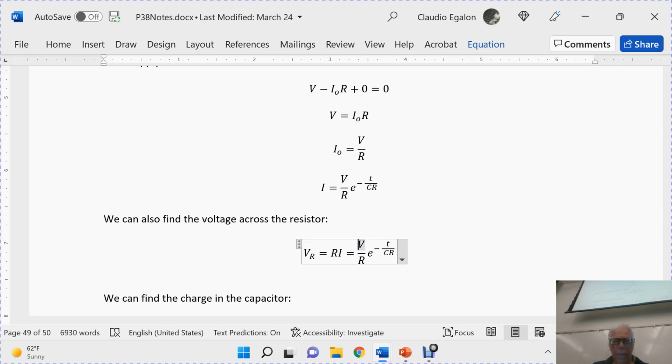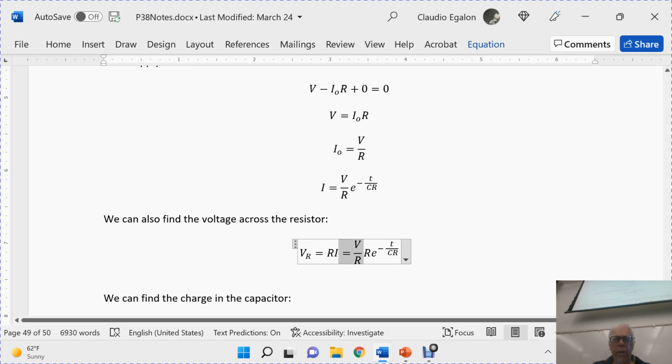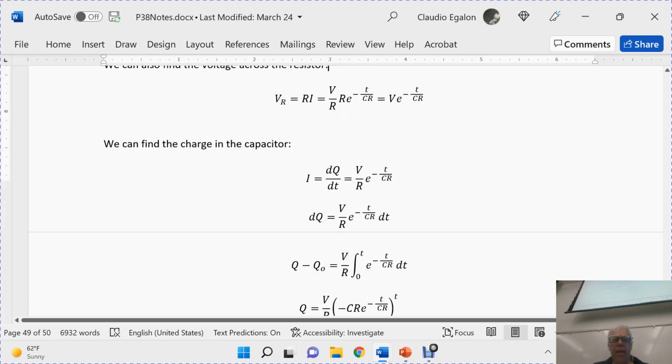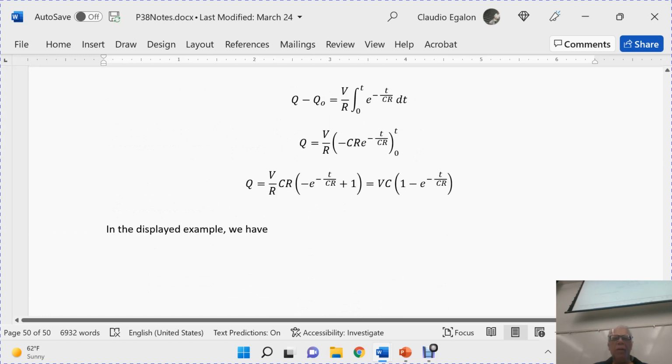So that's easy, right? So the voltage across the resistor behaves in the same way as the current. It's just the electric charge that behaves differently. Why is that? Because we start with a charge of 0.